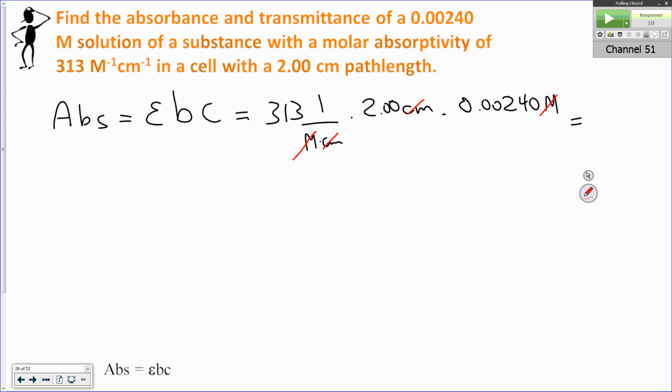I'm left with something that's unitless. Okay, 1.50.